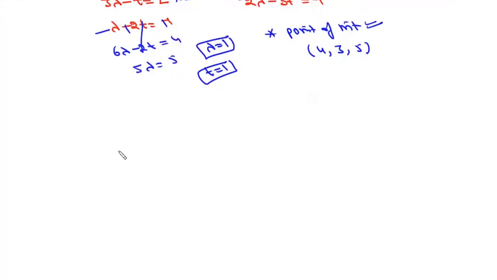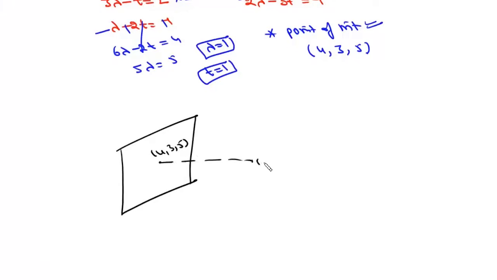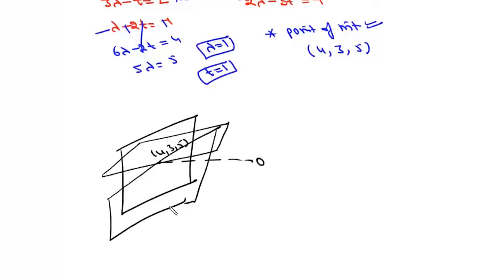Now basically we need to find equation of the plane which passes through 4, 3 and 5, and which is at a maximum distance from origin. Now there will be many planes which can pass through this point, but then the plane which will be at the maximum distance from origin will be the one for which this OP, it is a normal.